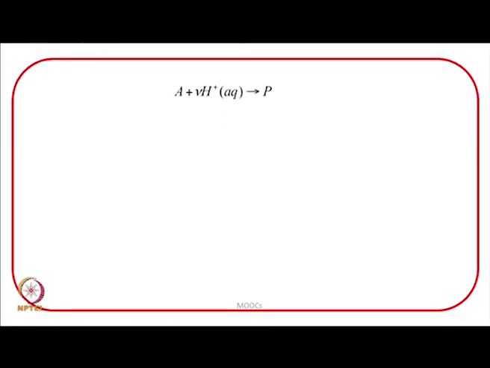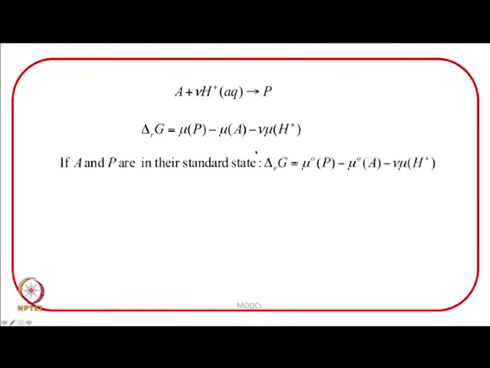Now let us once again consider this and quickly go through the steps that we used. First we wrote the reaction Gibbs energy, which is in terms of the chemical potentials.